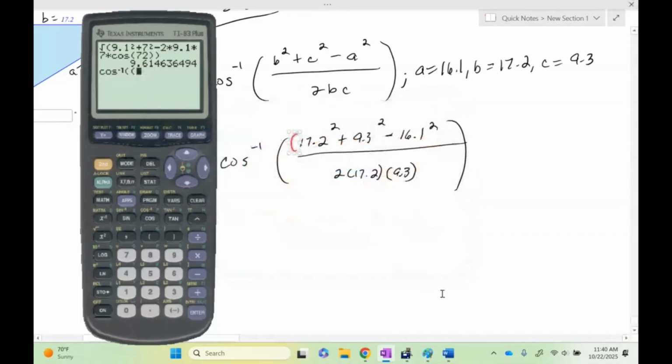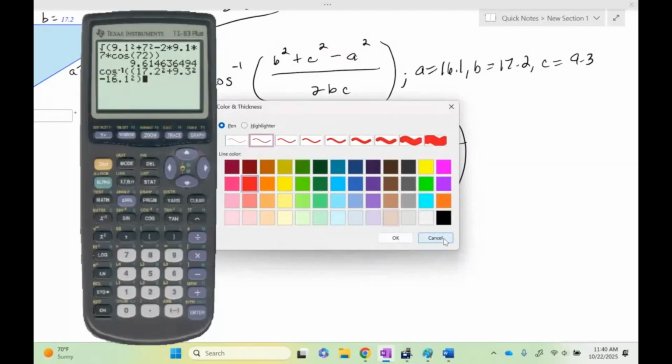So now I'm going to put in 17.2 squared plus 9.3 squared minus 16.1 squared, and I'm going to close off the numerator.